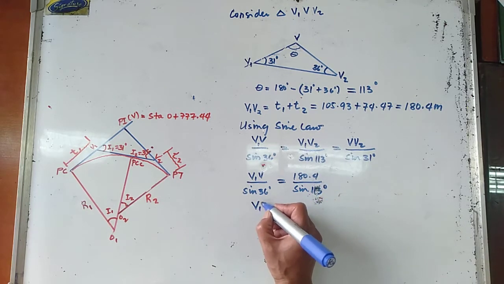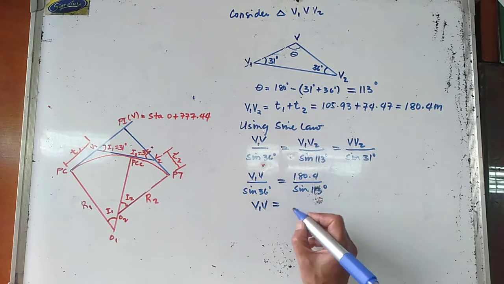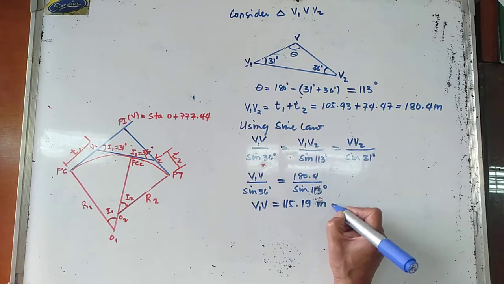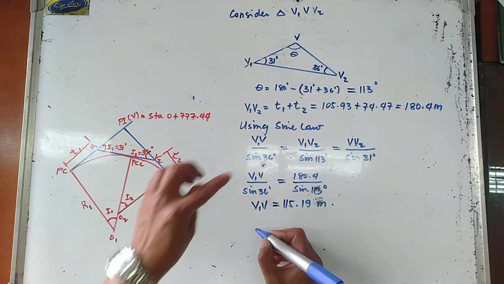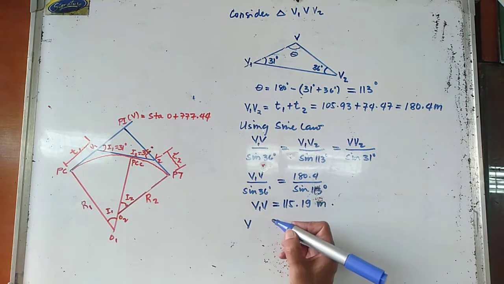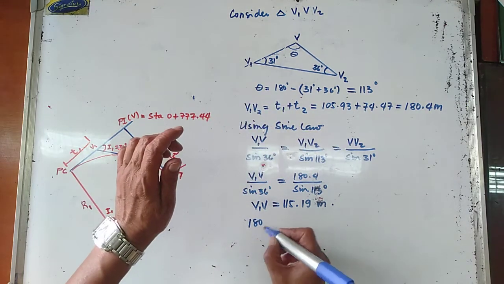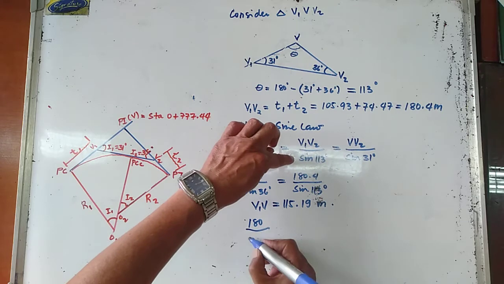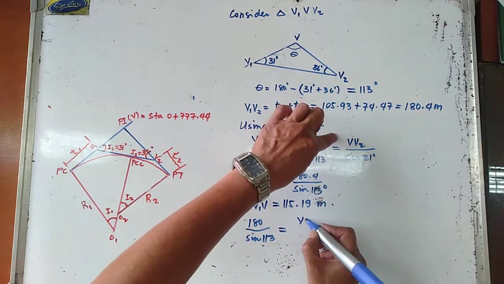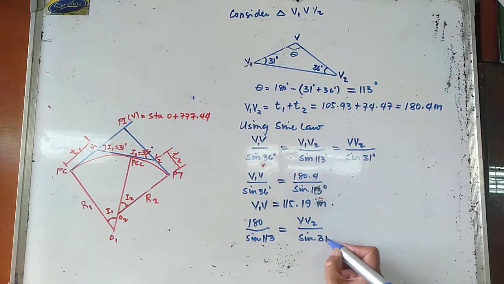So your V1V is equal to 115.19 meters. Or V1V2, which is equal to 180.4, is to sine of 113, is now equal to VV2 is to sine of 31 degrees.